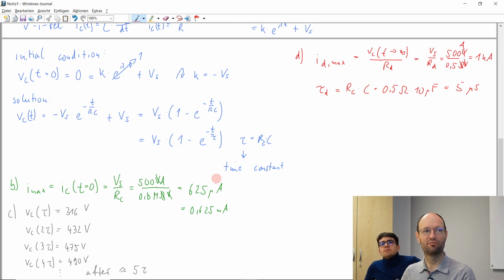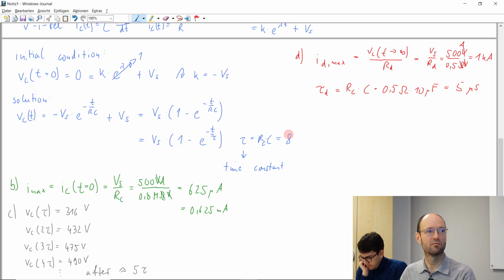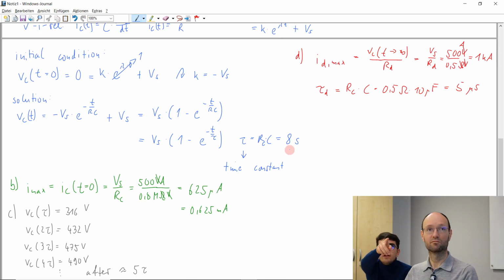Yeah, of course, if we charge with a small current over a quite long time, I mean right here this was 8 seconds, we don't have that much charge. Maybe it's better to write resistance and discharge.